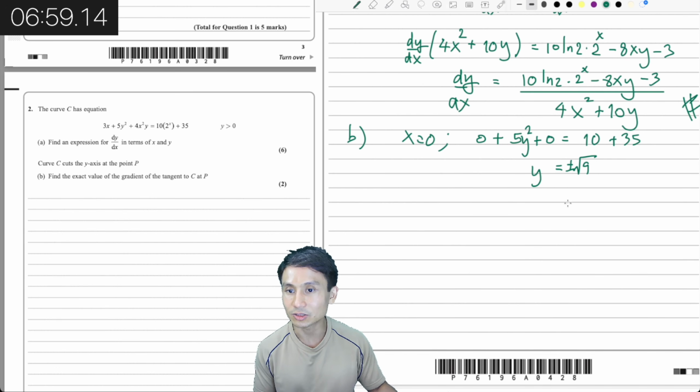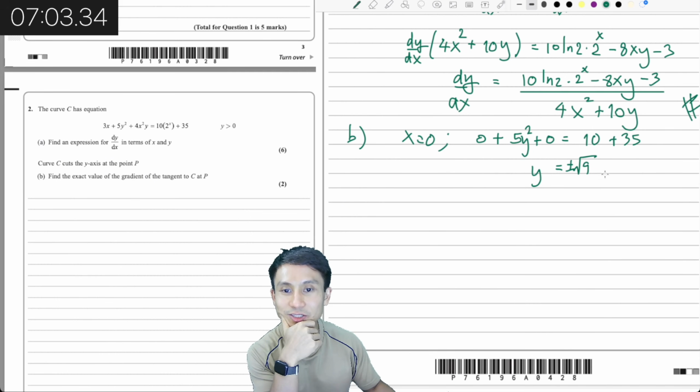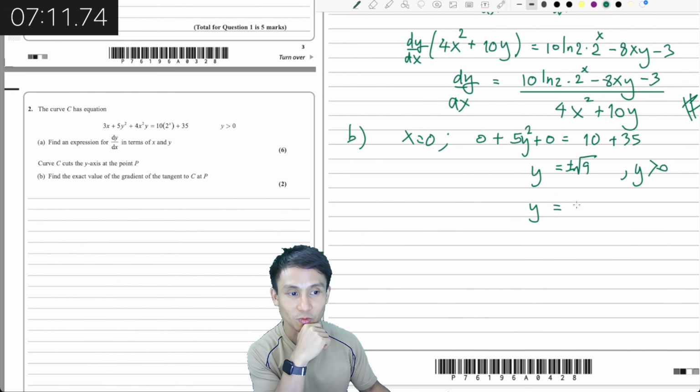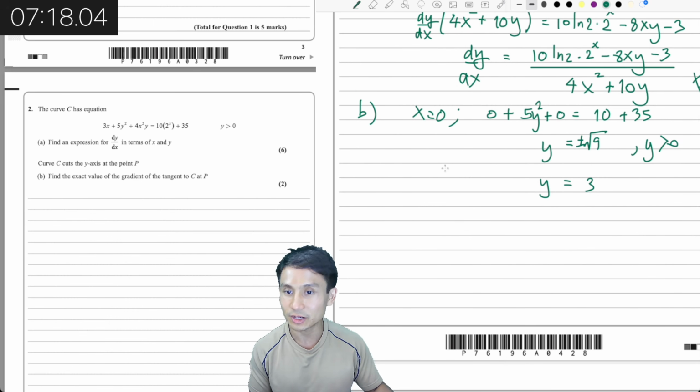We could get a plus or minus here, but because y is greater than 0, as I look at the question on the first line, I can only take y as 3, which is the positive square root of 9. So x equals 0, y is 3 is the point P.